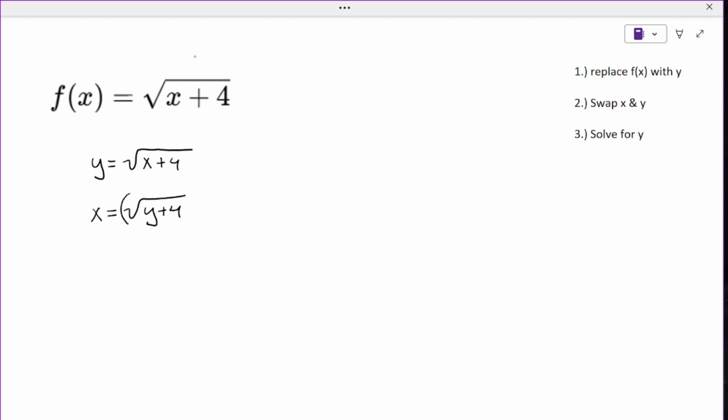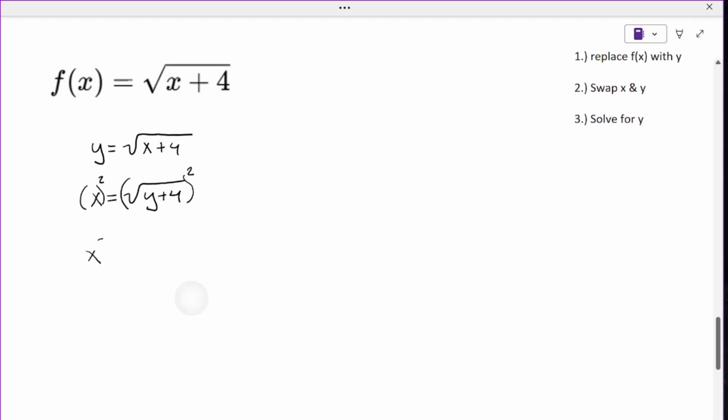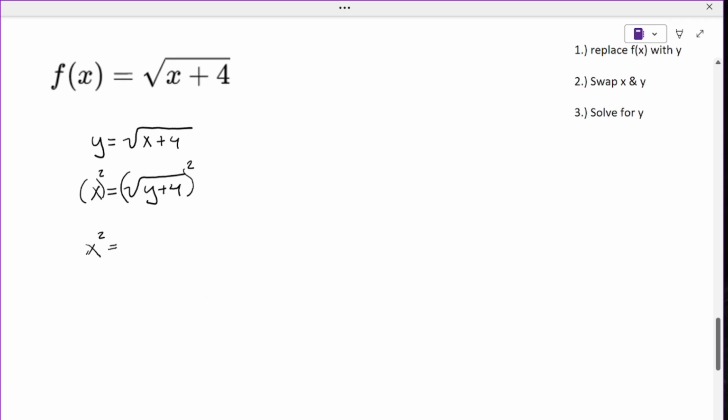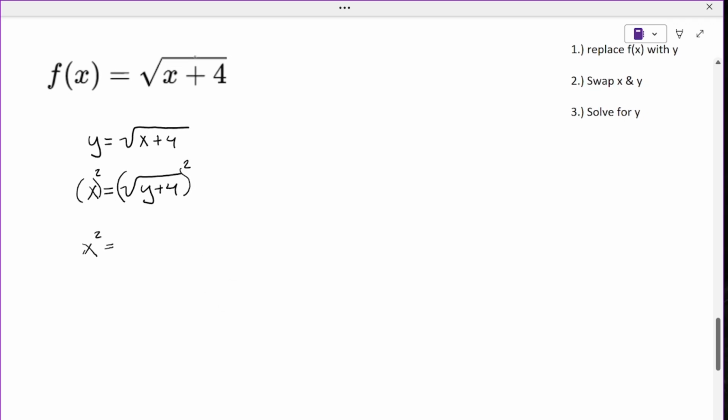So if we square this square root and square the left side, our x on the left becomes x squared equals y plus 4. And now to get y by itself, we just subtract 4 from both sides, right? So we get x squared minus 4 equals y.